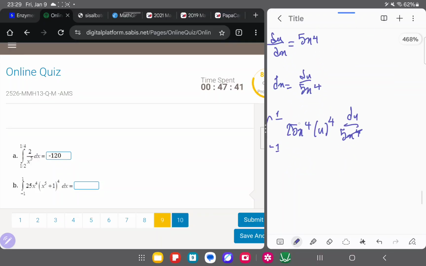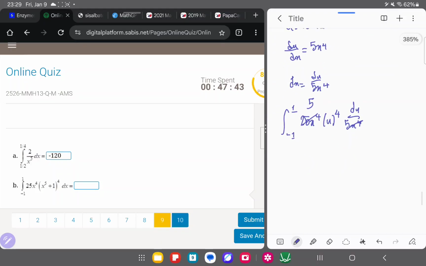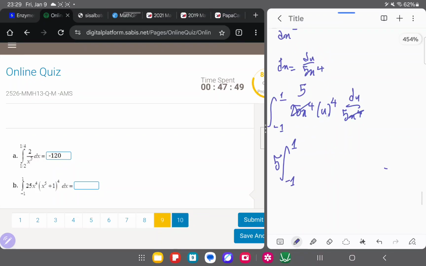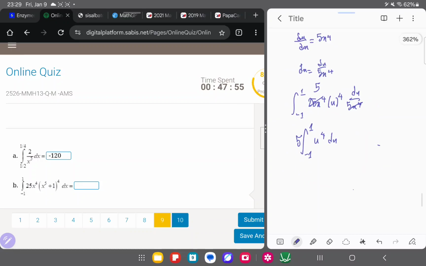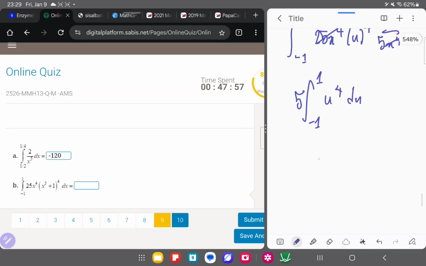So first you divide by these two. 5 is a constant, so you take it out of the integral. And u to the power of 4 is just u to the power of 4 du. And then you simply integrate u to the power of 4 into u to the power of 5 over 5.